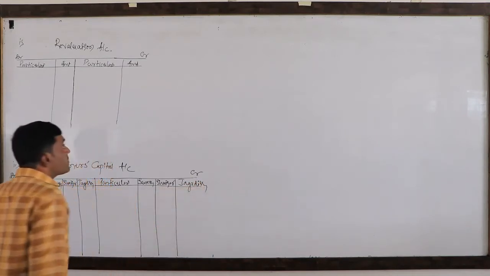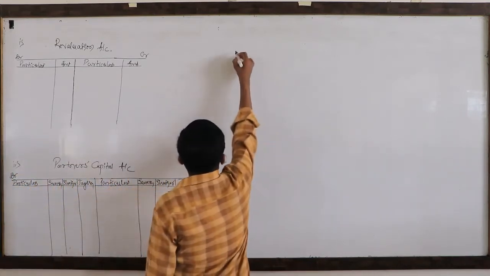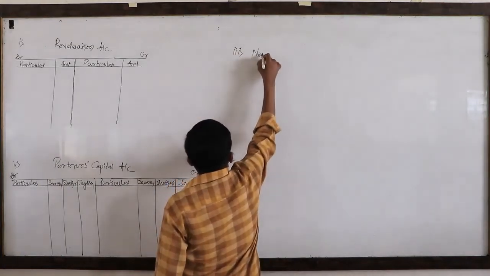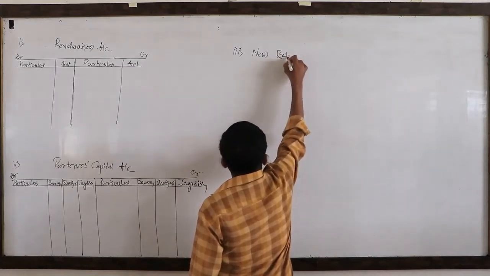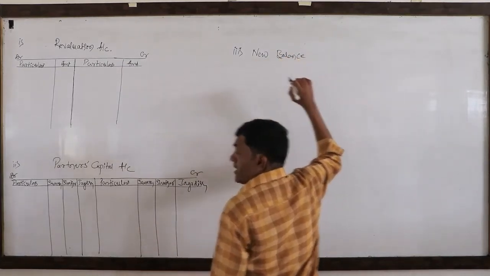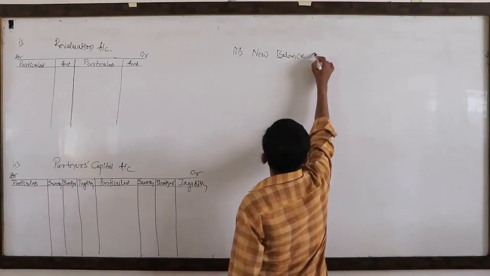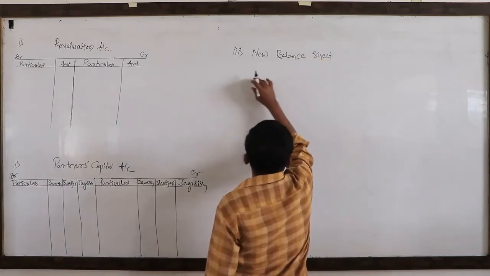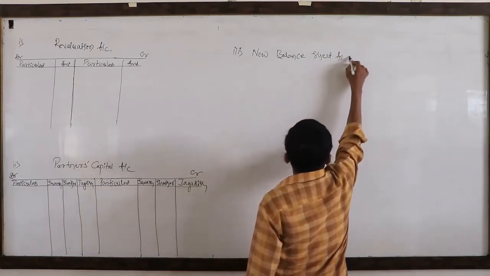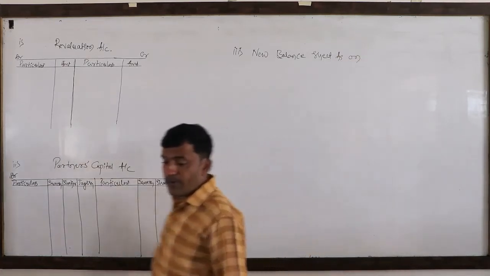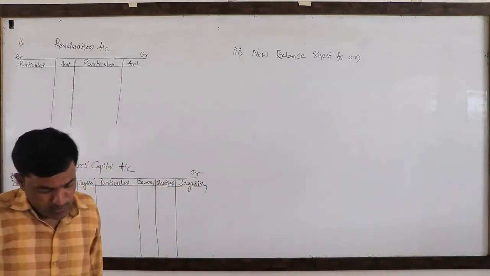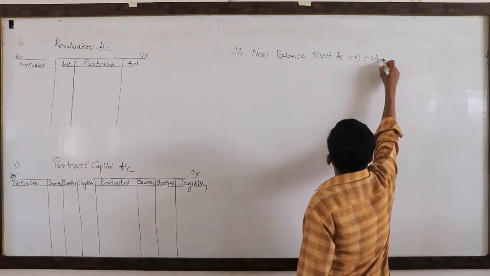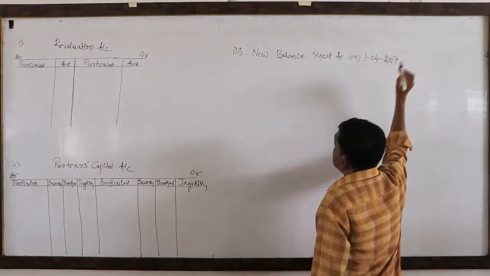So the third one is the new balance sheet. In the problem they have provided the old balance sheet. So now it is the new balance sheet. After admitting the new partner, it has become the new balance sheet as on the admission date, so we need to write here 1/4/2017.